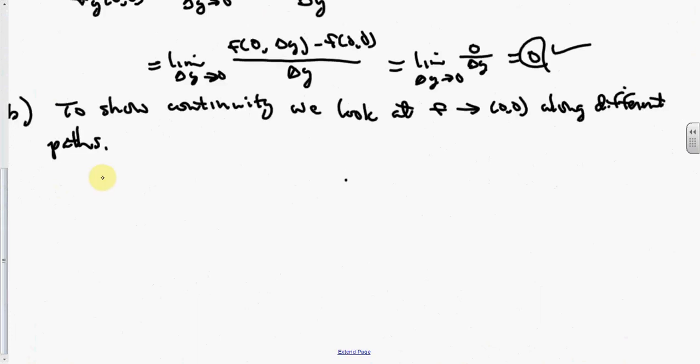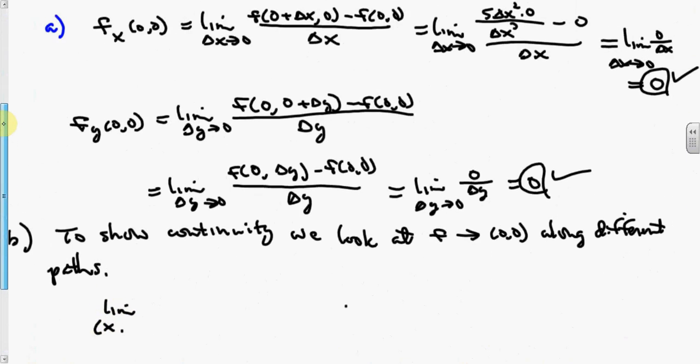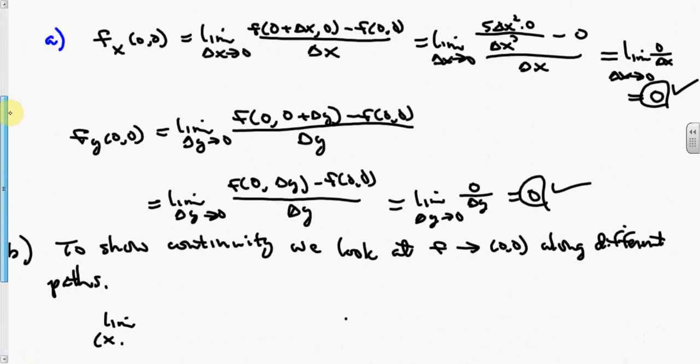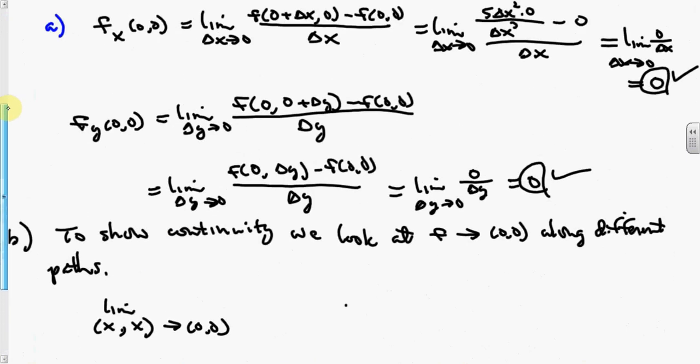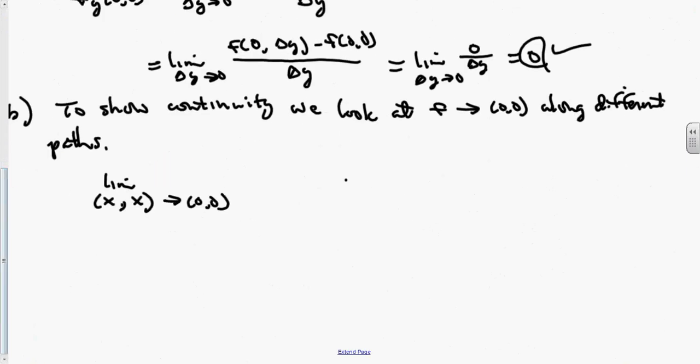So here I'm going to take this function and investigate the path. I'm going to say as y is being traced along the x-axis, they're still going to 0, 0, the limit of f of x, y.